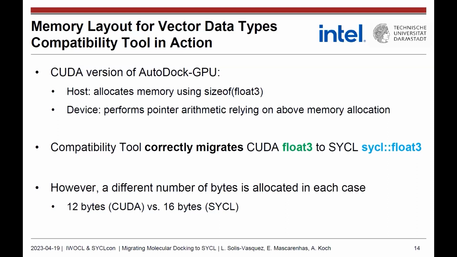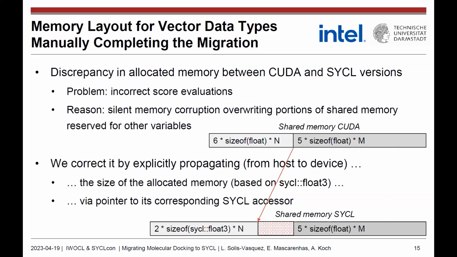The compatibility tool correctly migrates the float3 in CUDA to the float3 in SYCL. The thing is that a different number of bytes is allocated in each of these cases: 12 for the CUDA version, 16 for the SYCL one. The problem was that this difference in memory allocation led to incorrect score evaluations, and the reason was memory corruption, overwriting portions of shared memory.